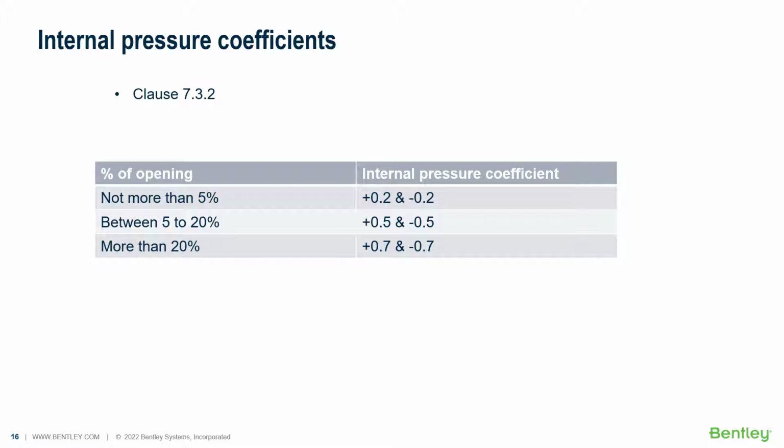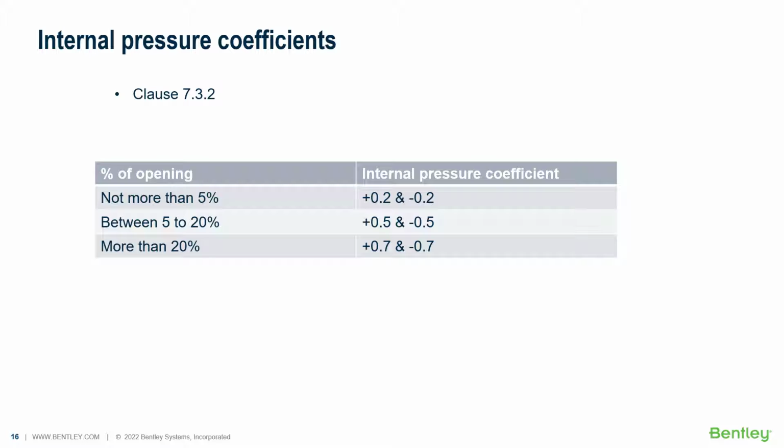Now that we have the external pressure coefficients, let's find out the value of internal pressure coefficients to be used for the walls. Internal pressure values depend upon the degree of permeability of cladding to the flow of air. As per clause 7.3.2, in buildings where openings are not more than 5% of the wall area, the internal pressure has to be taken as positive and negative 0.2.